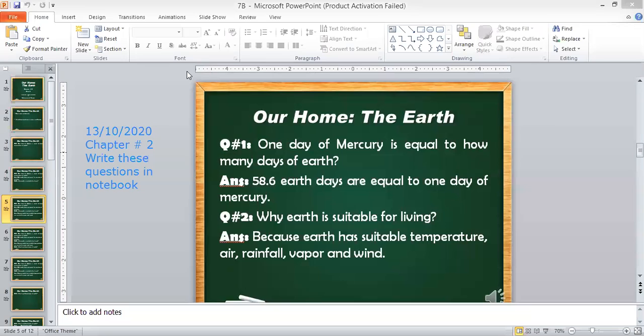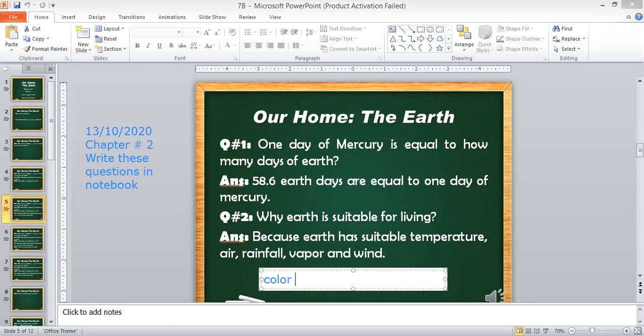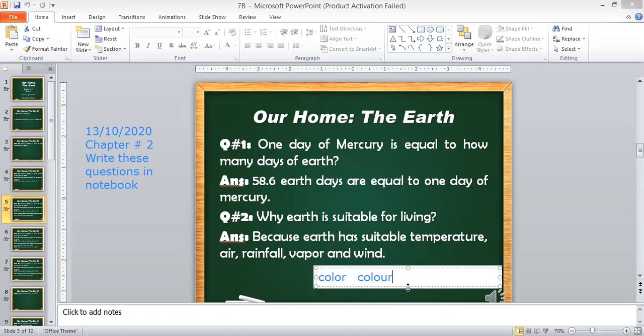Okay. Here, let me explain one thing. There are two spellings of vapor, the same as there are two spellings of color. Everybody knows there are two spellings of color. One spelling is COLOR and the other is COLOUR, because one spelling is British and the other is American.